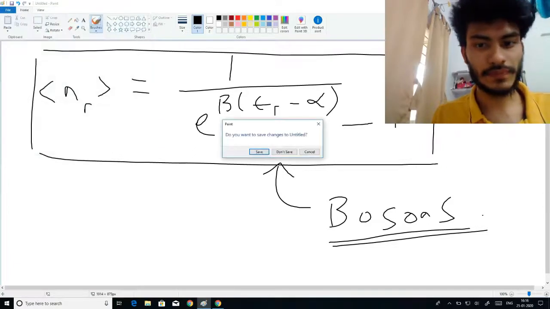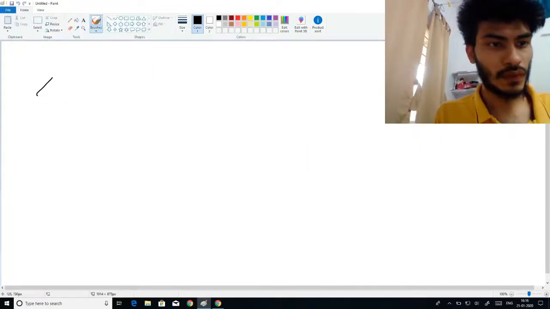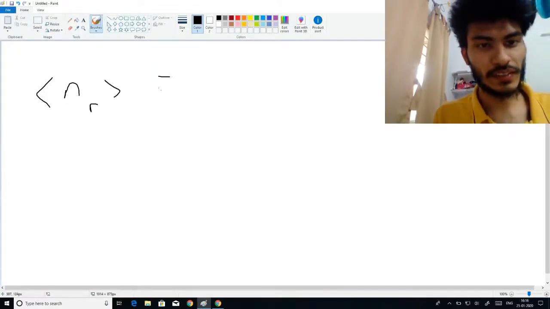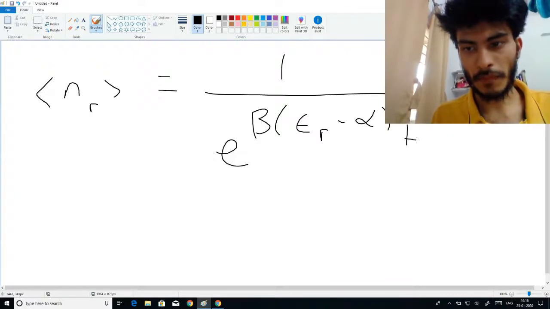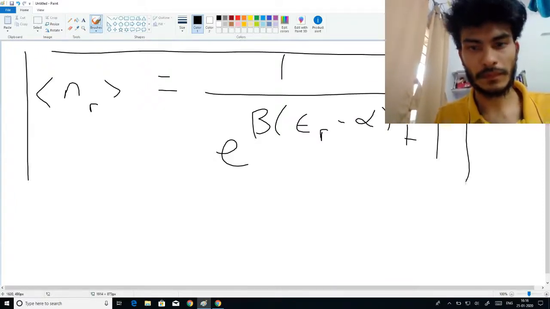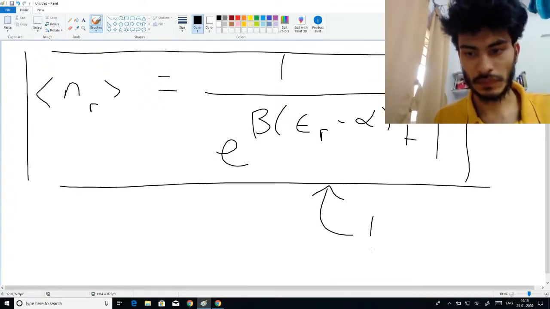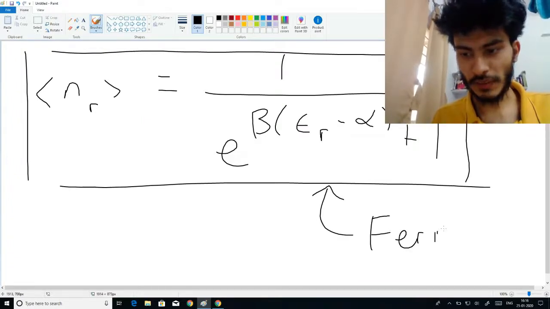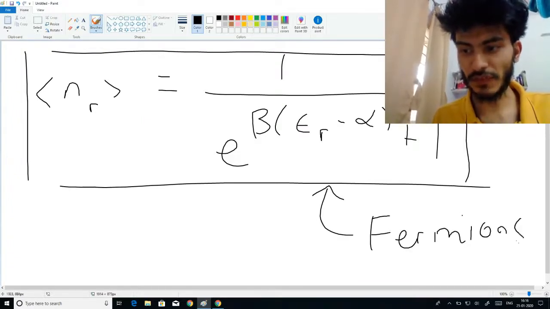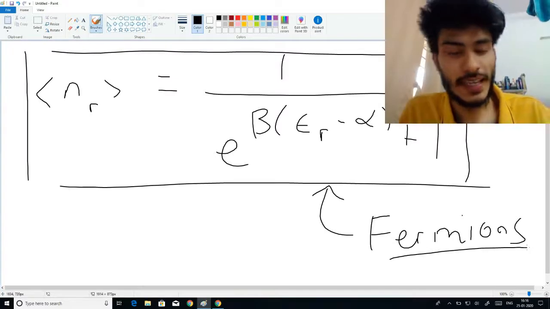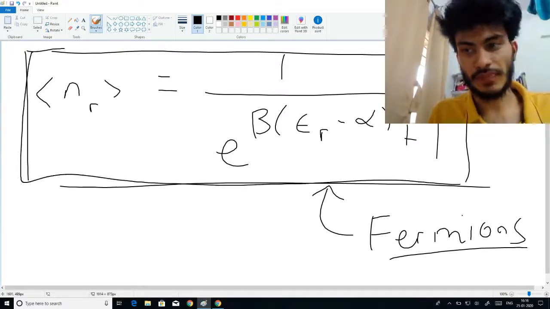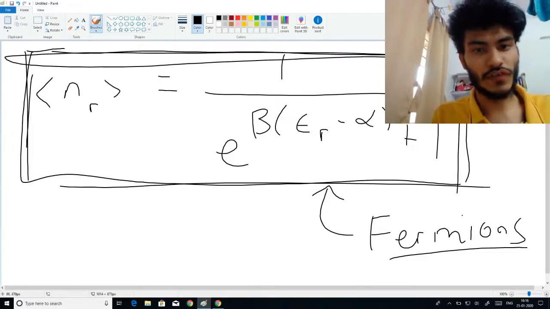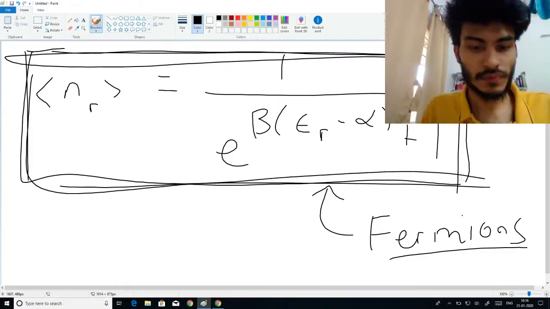And lastly, for fermions, we derived the following equation. So this is the formula for the mean number of particles found at a particular energy level with energy epsilon r for fermions, that is the particles which follow Fermi-Dirac statistics.